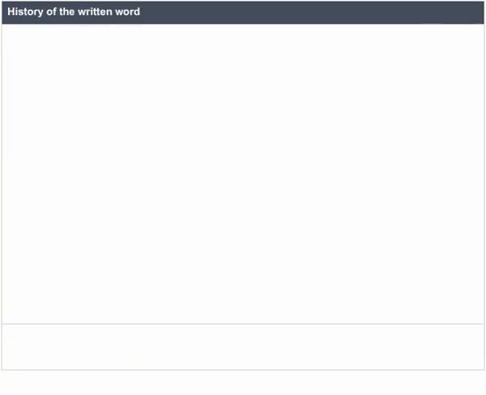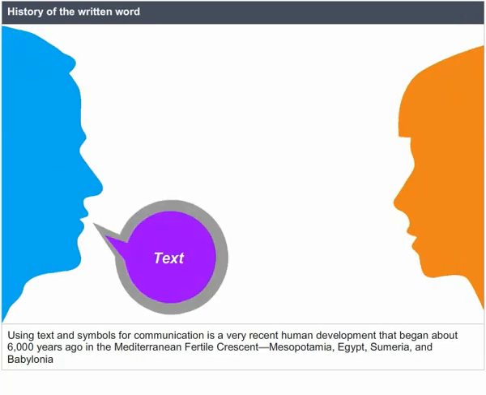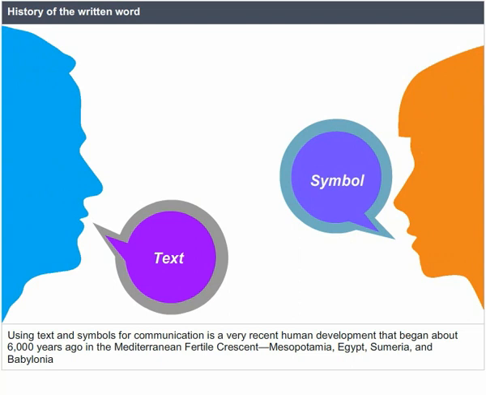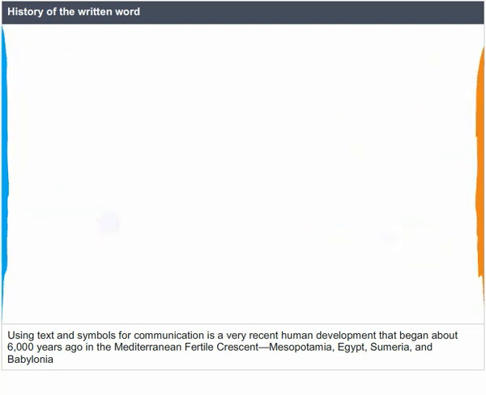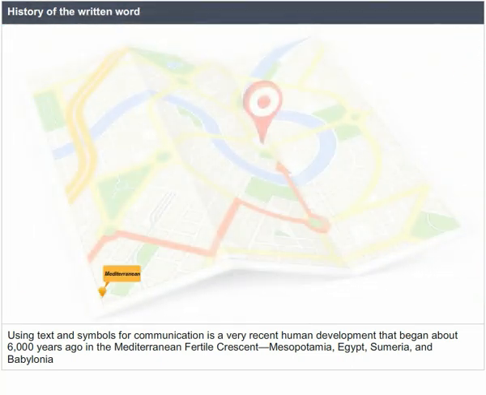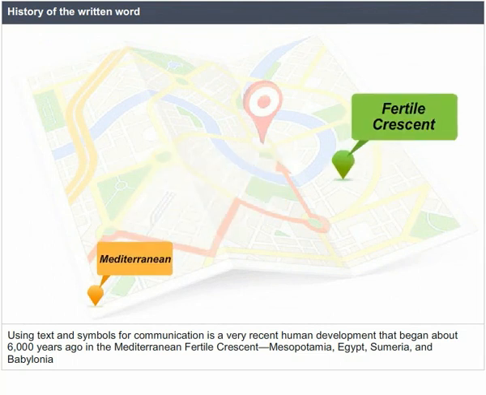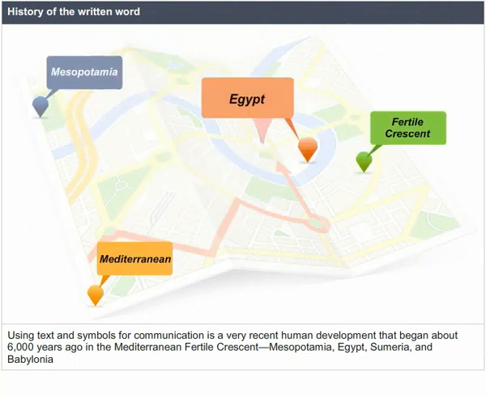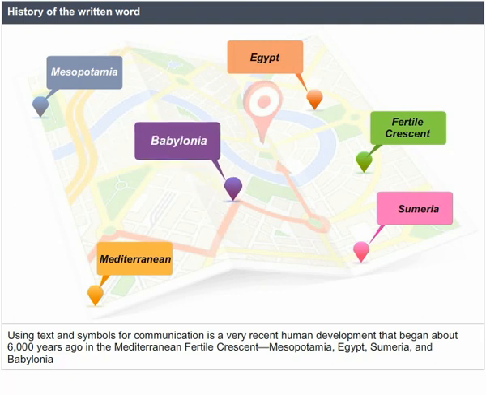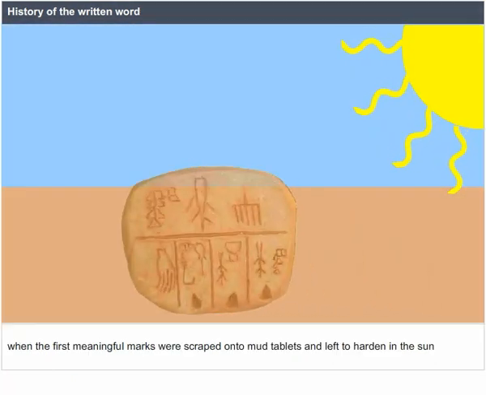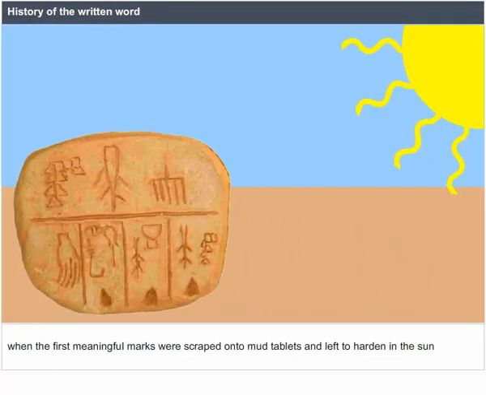History of the written word. Using text and symbols for communication is a very recent human development that began about 6,000 years ago in the Mediterranean Fertile Crescent, Mesopotamia, Egypt, Sumeria, and Babylonia, when the first meaningful marks were scraped onto mud tablets and left to harden in the sun.